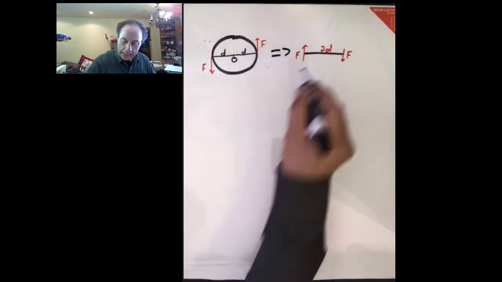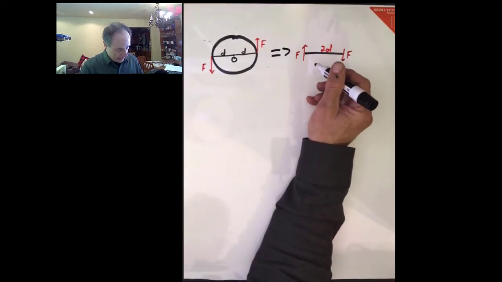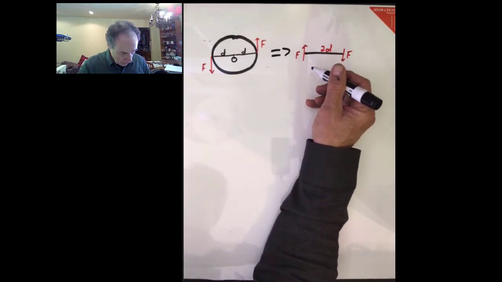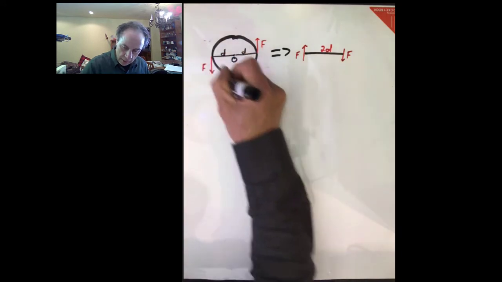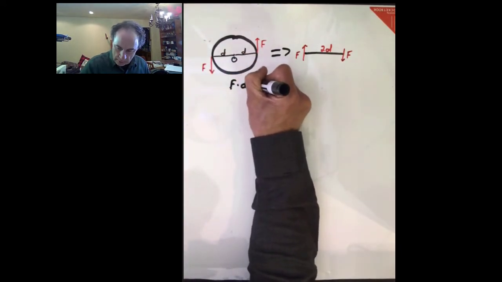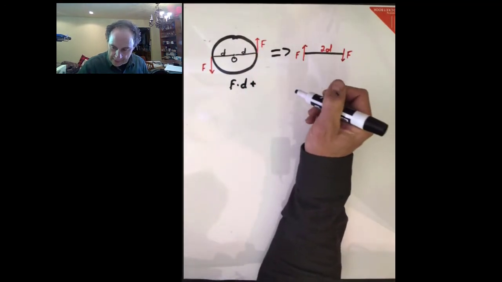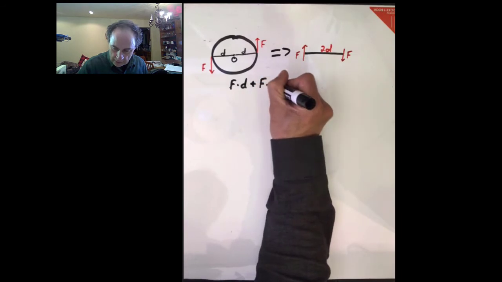Okay, so you can think of this two ways. Over here, you have a moment that is F at d, plus you have a moment that is F times d.